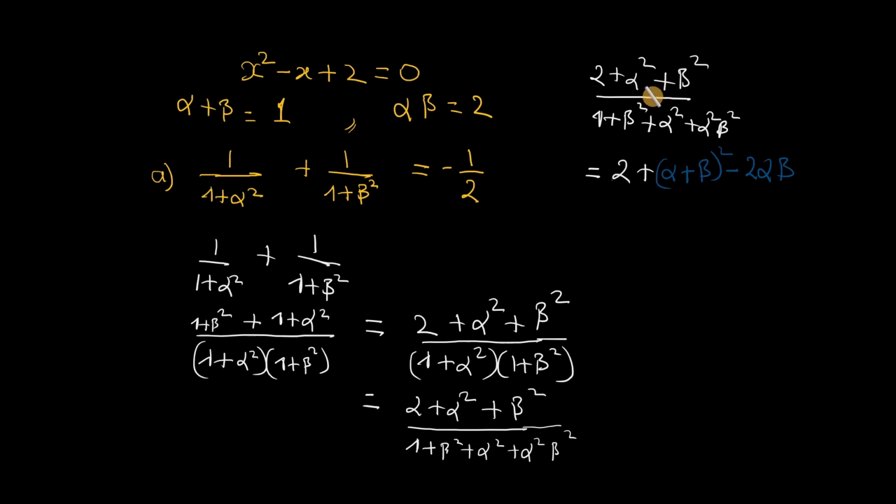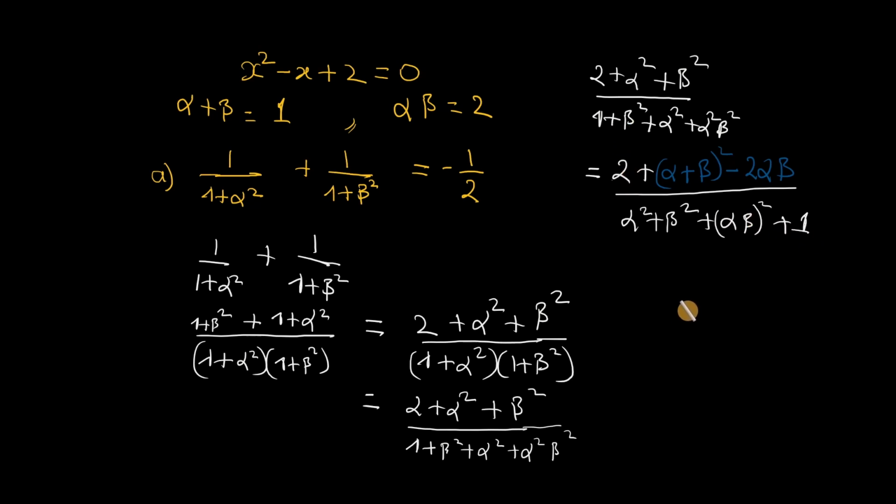You know that alpha squared plus beta squared can be expressed as alpha plus beta all squared minus 2 alpha beta. This is a formula which needs to be recalled all the time when dealing with problems like this. All over alpha squared plus beta squared plus alpha beta all squared plus 1.